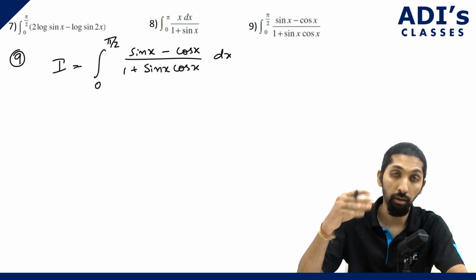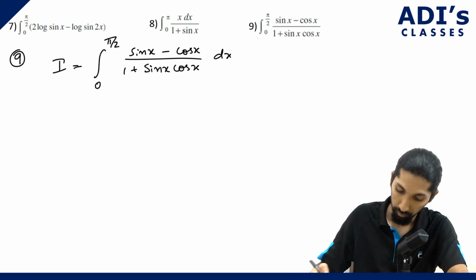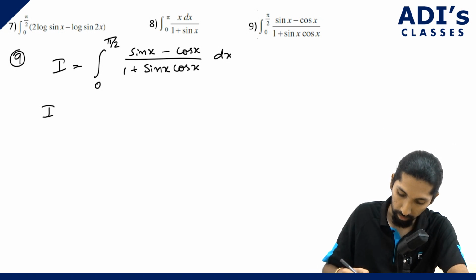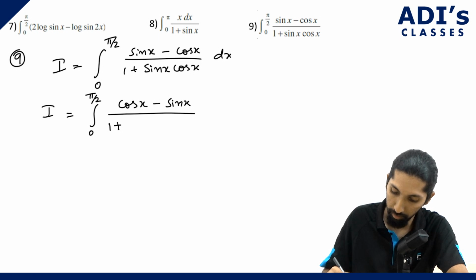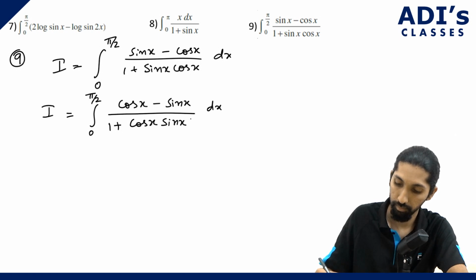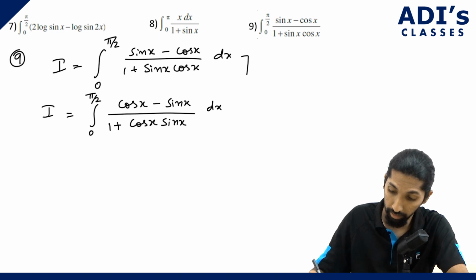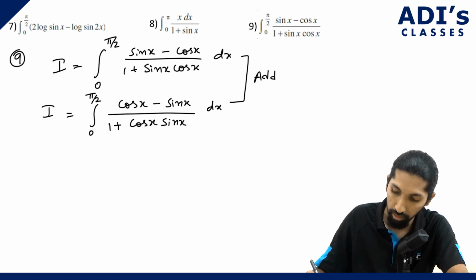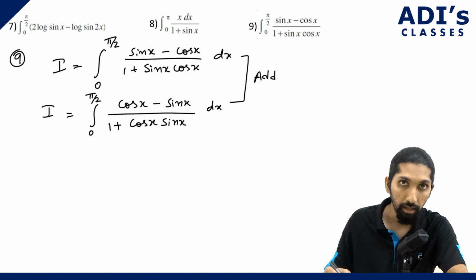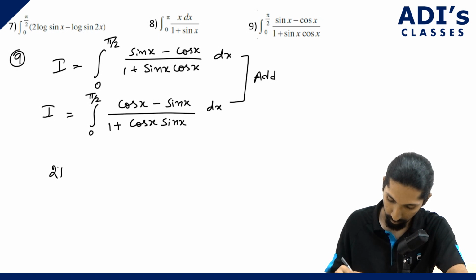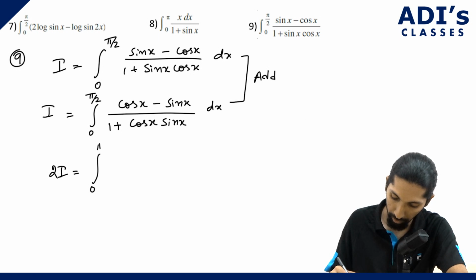Correct? Now apply that particular formula. So we are going to have I is equal to integral 0 to pi by 2 of cos x minus sin x by 1 plus cos x into sin x. Next, we add both the equations. When you add, 2I is integral 0 to pi by 2.